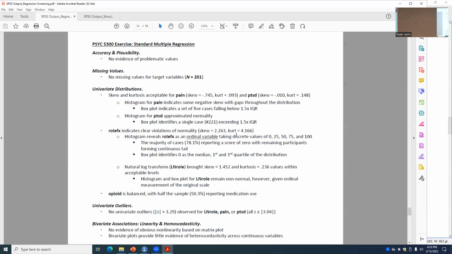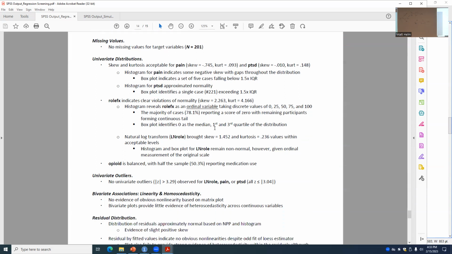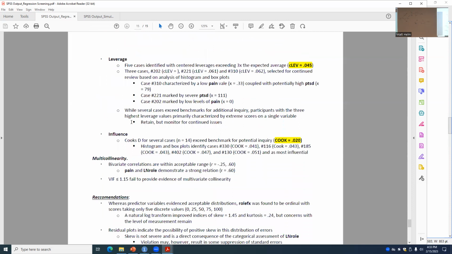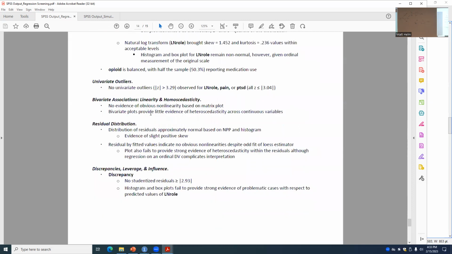Okay. So going down through, univariate outliers, we don't have any concerns. Bivariate associations, everything's looking linear and homoscedastic. Residual distributions appear normal based on the normal probability plot and histograms, with maybe some slight positive skew.